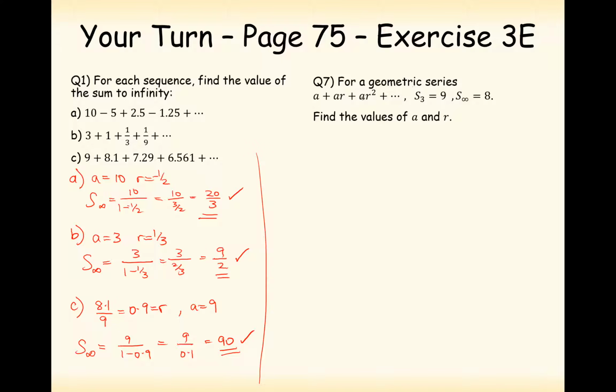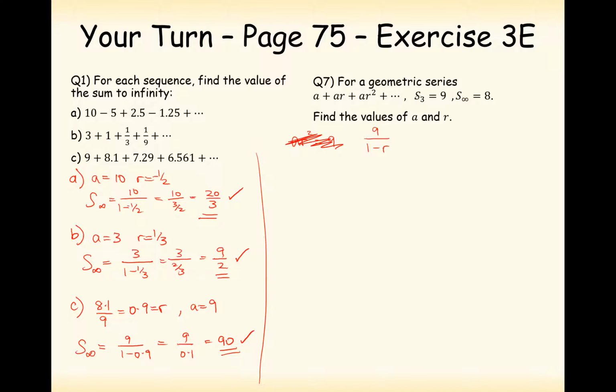Okay, so for a geometric series, a plus ar plus ar squared all the way up to infinity, s3 is equal to 9, and s infinity is equal to 8. Sorry, no, that bit there was wrong.